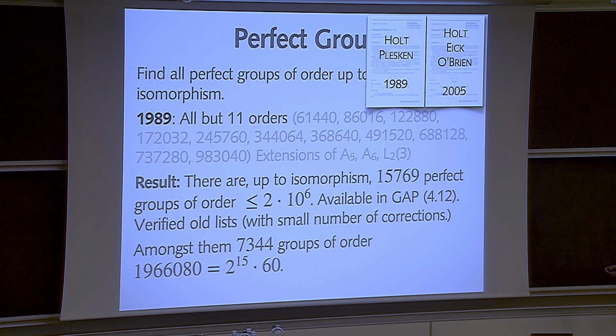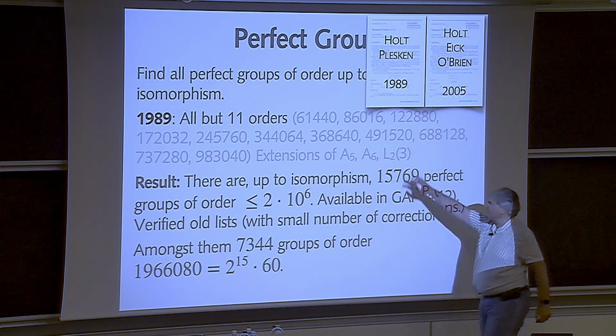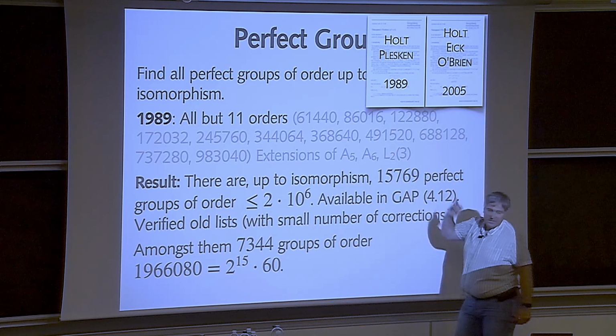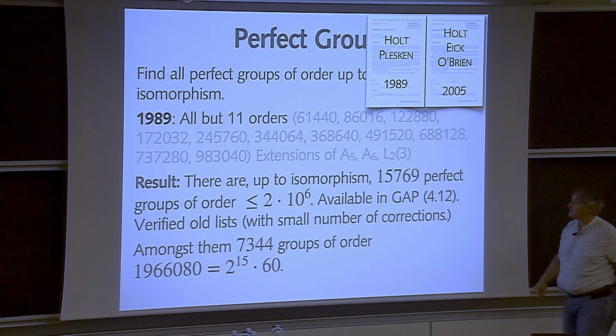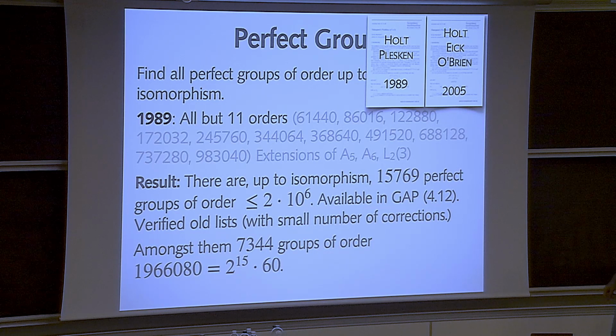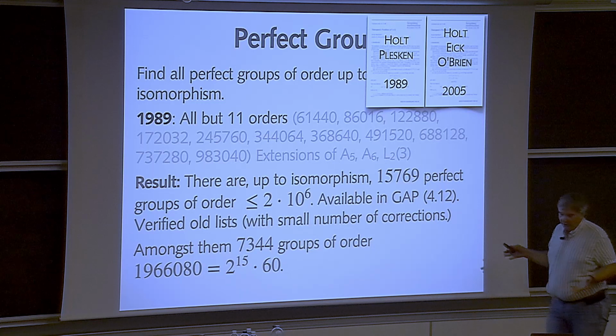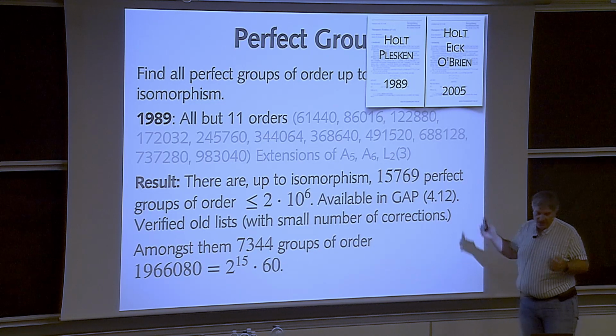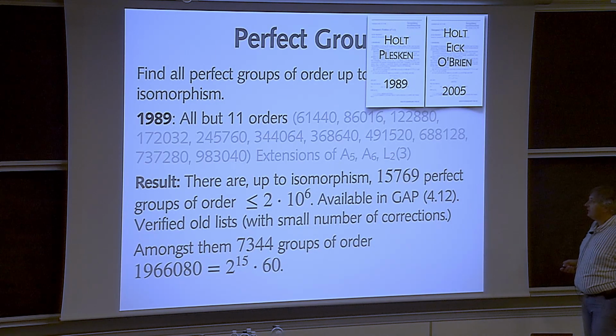That's basically because there we have factor groups A5, A6, L2(3), and there are just far too many groups to make this feasible. In the Handbook of Computational Group Theory, this enumeration process is described nicely, and what I'm doing is essentially this kind of method.